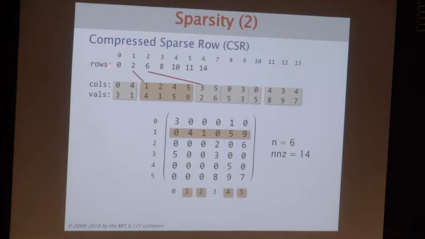Right, so the rows array just serves as an index into this cols array. So you can basically get the starting index in this cols array for any row just by looking at the entry stored at the corresponding location in the rows array. So for example, row 2 starts at location 6, so it starts here, and you have indices 3 and 5, which are the non-zero indices.